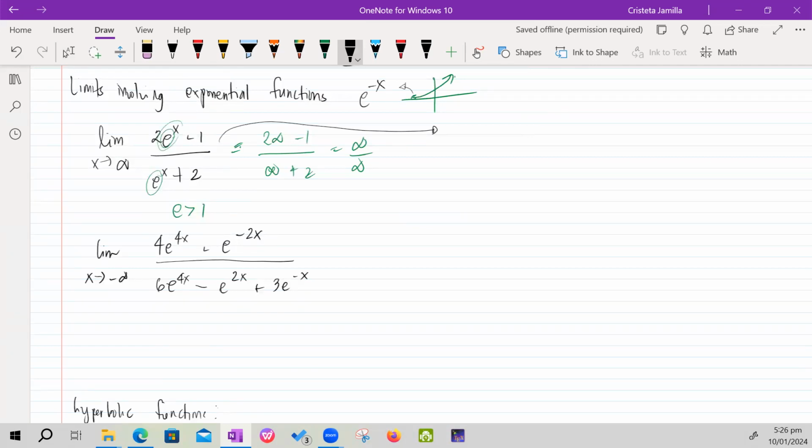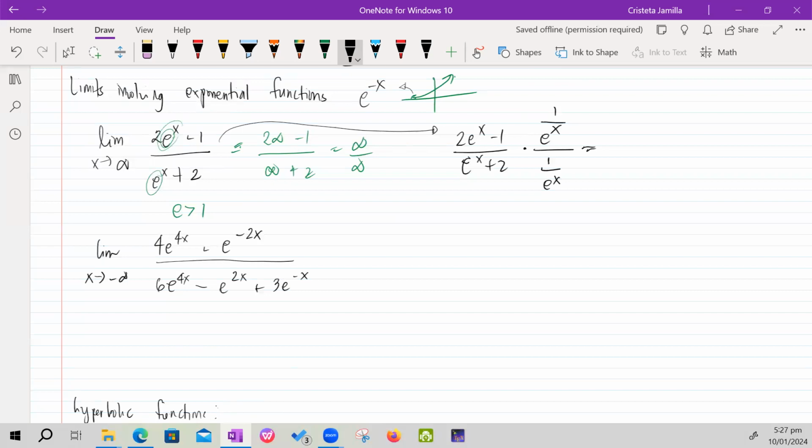We can divide both the numerator and the denominator by e raised to x, so that the e raised to x will disappear. So I have 2e raised to x minus 1 over e raised to x plus 2 times e raised to negative x, multiplied by 1 over e raised to x.